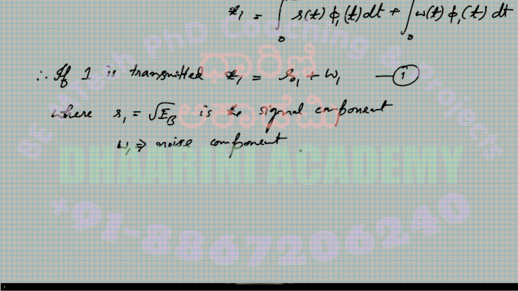This is at the output of the sampler, because x1 is the signal value you get at the output of the sampler.